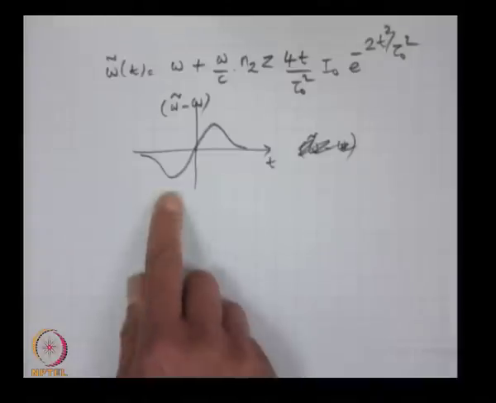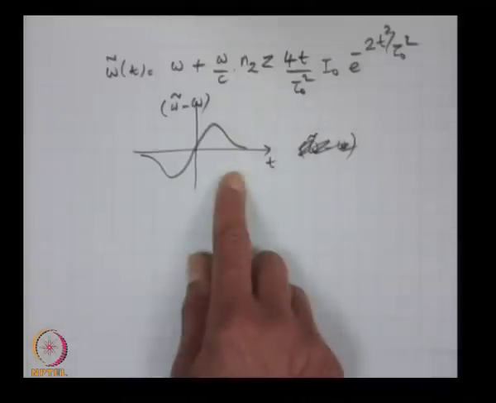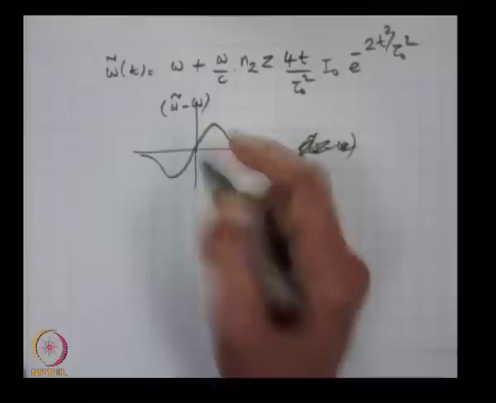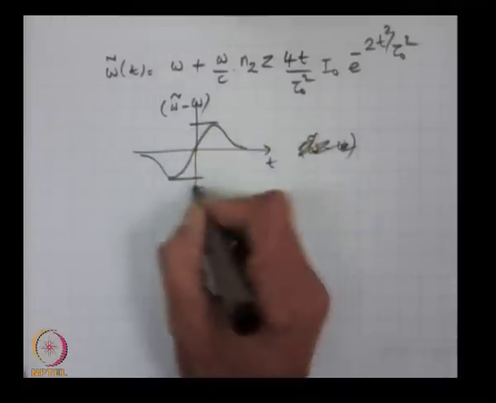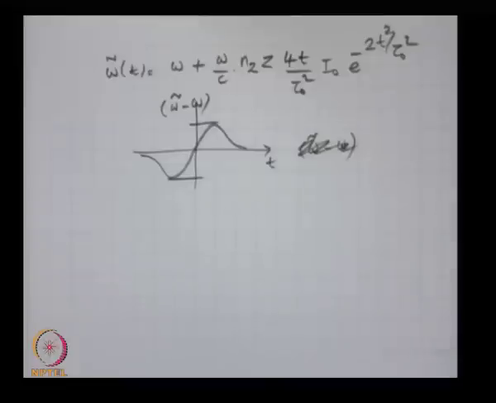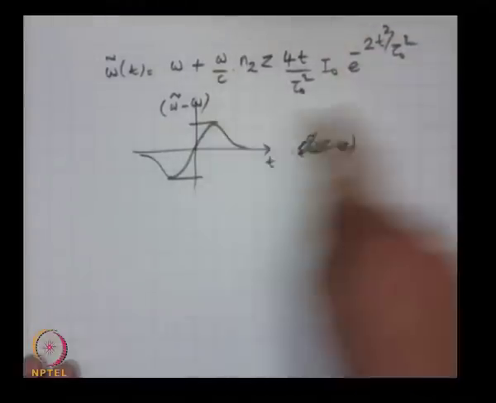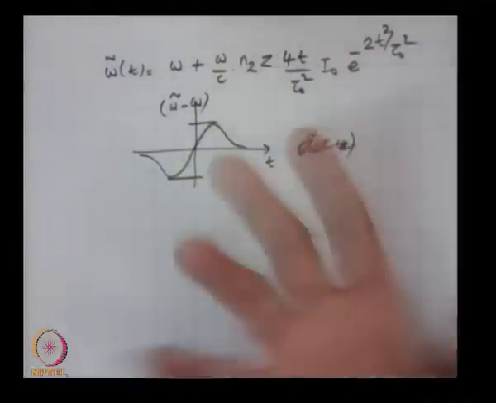So at the leading edge omega tilde is less than omega, at the trailing edge omega tilde is more than omega. So I want to calculate this increase in spectral width because of chirping, which is given by this approximately. Let me calculate this quantity approximately. What is this number? How much is this?